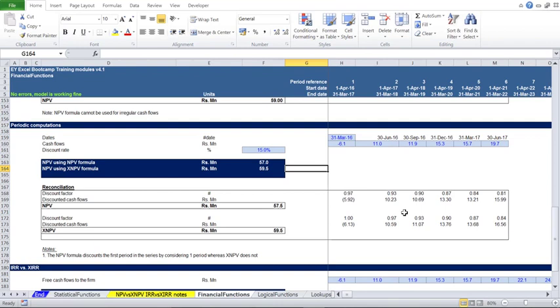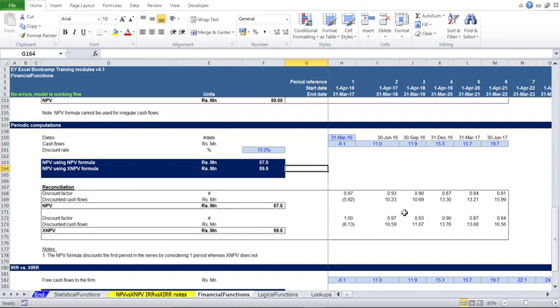So as we saw in the PMT, PPMT and IPMT functions, to convert a rate into monthly or quarterly, we divide that annual rate by the number of periods in a year. If we are talking about quarters, we divide the annual rate by 4 because there are 4 quarters in a year. Similarly, for converting an annual rate into a monthly rate, we divide that rate by 12.